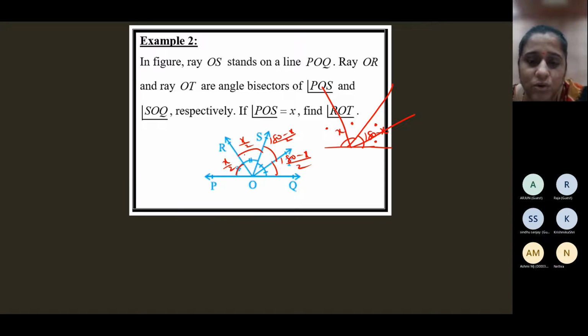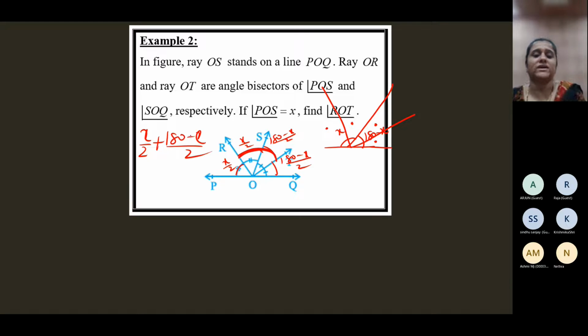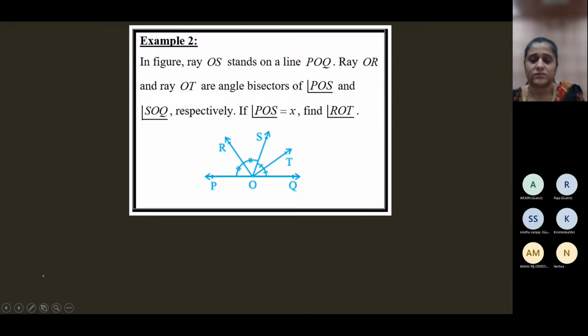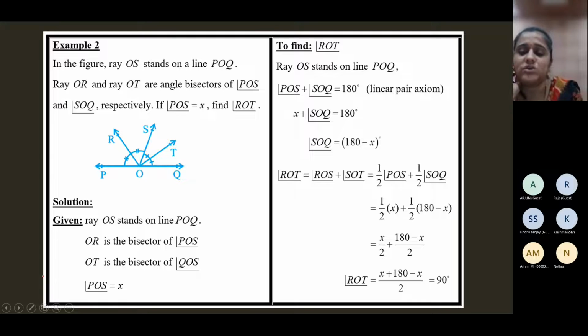ROT is this angle, so it's X by 2 plus (180 minus X) by 2. When you work this, you will get 90 degrees. I think we took down the answer in the last class, right, children? Yes, ma'am.